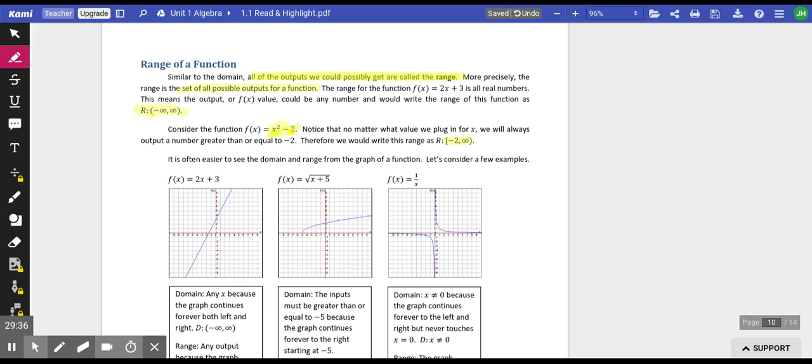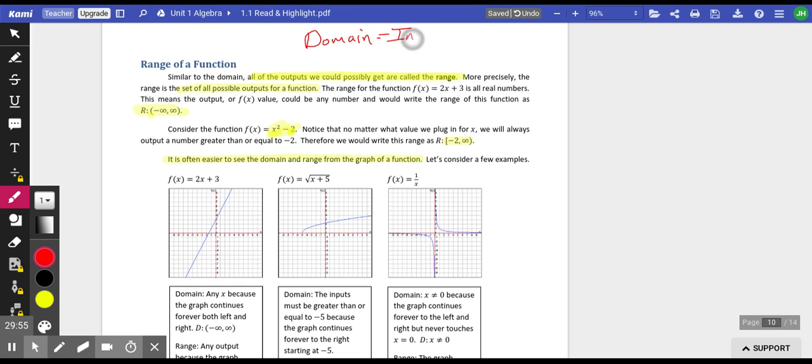A lot of times it's easier to see the domain and range from a graph. Let's consider a few examples. Remember, what is domain? Domain is the input. What was the variable we used for the inputs? That's right, it was x. And what was the range?